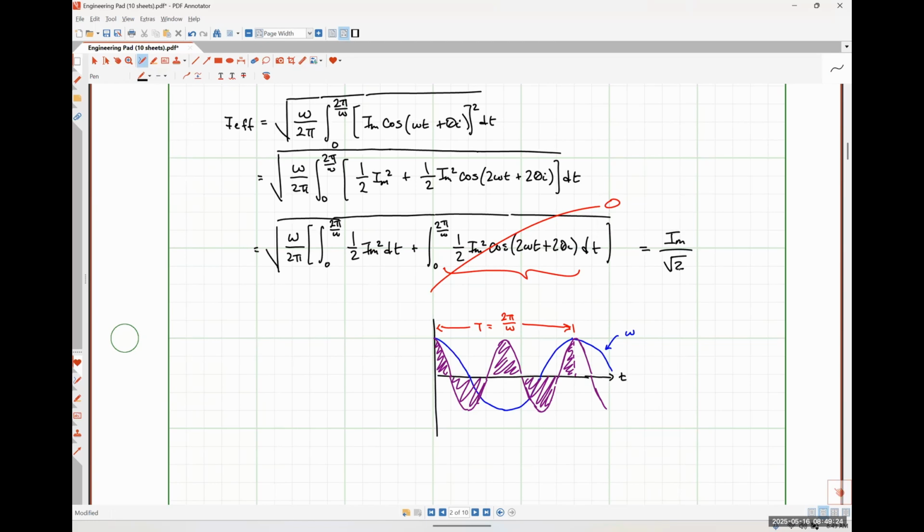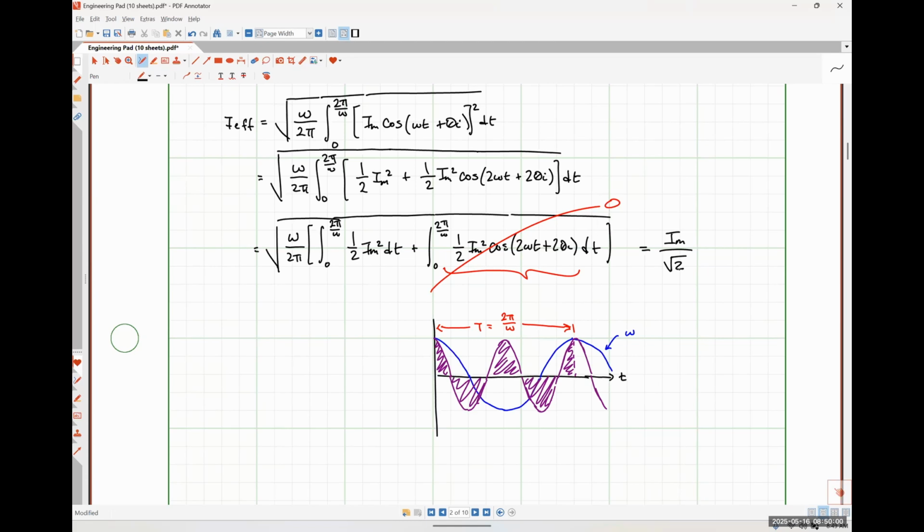The effective value of our sinusoidally varying current in this case is independent of frequency, right? There's no omega in our end result whatsoever. So it doesn't matter if we are here in the United States, where we have 120 pi radians per second as our excitation frequency, or if we're over in Europe, where they use 100 pi radians per second, the effective value is just the magnitude of that current divided by the square root of 2.